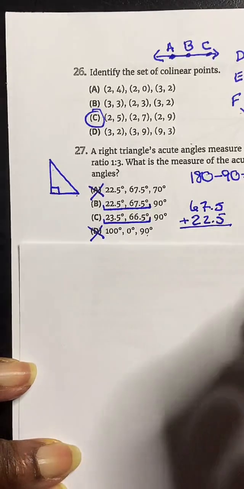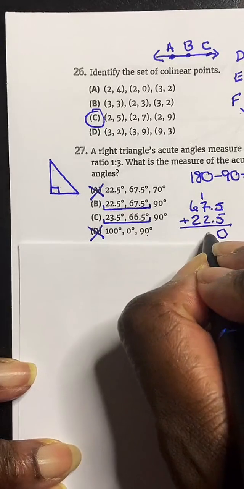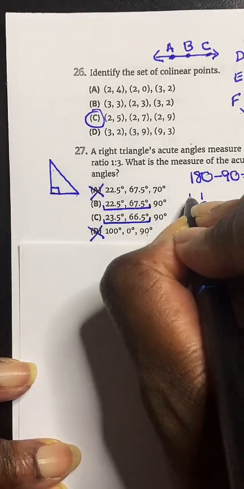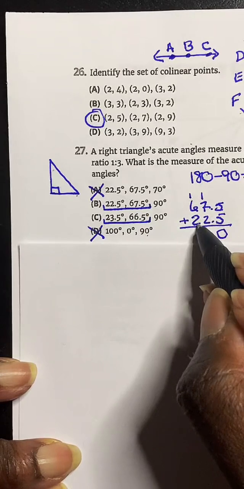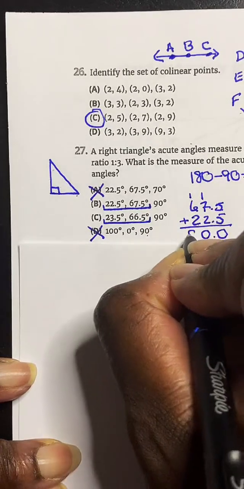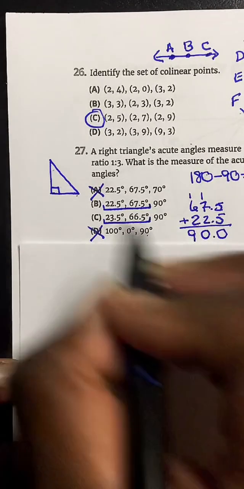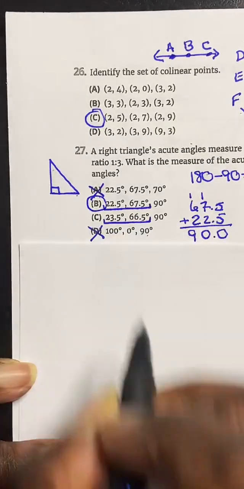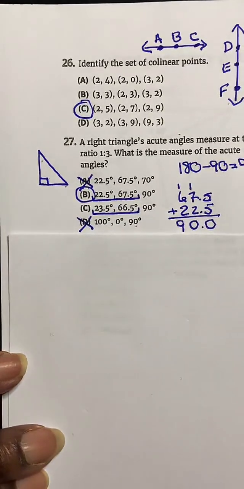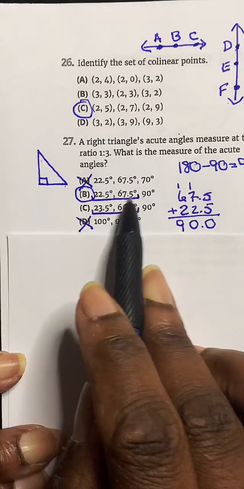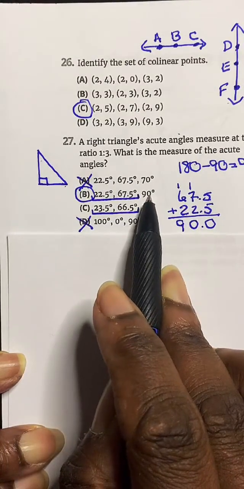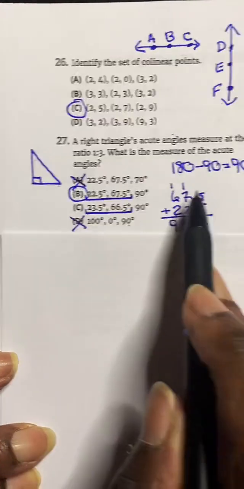If I add those together, 2, that's 9 plus 1, that's 10, carry the 1. 6 and 2, that's 8 plus 1, that's 9. So right there, that gives me 90. Boom, that's my answer.